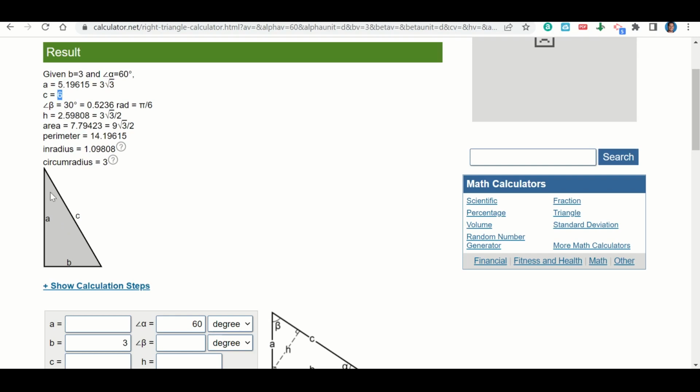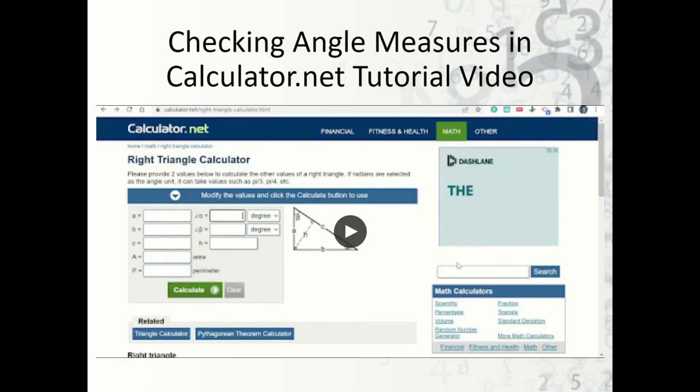We can also see that angle beta, this one here, is 30 degrees, and this angle here is 90 degrees. So we can use this information to help us solve for these different angle measures and side lengths. There's a video here that also shows you how to check angle measures using calculator.net, so you can go ahead and watch that video as well.